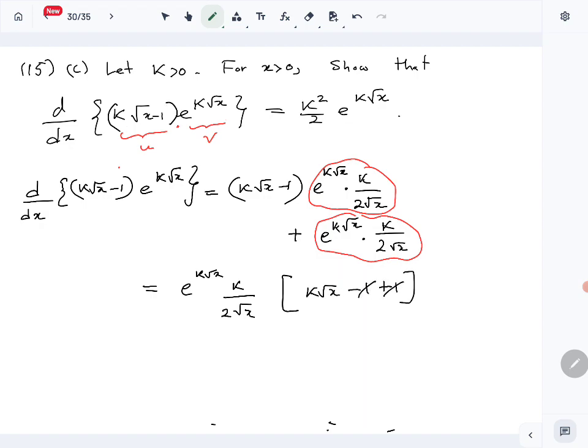So this cancels. You get k squared e to the k square root x over 2 square root x. So square root x cancels: k squared over 2 e to the k square root x. That is what we wanted to show. So the first part is done.